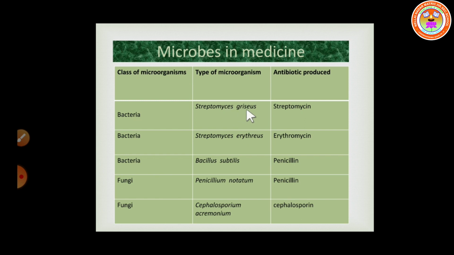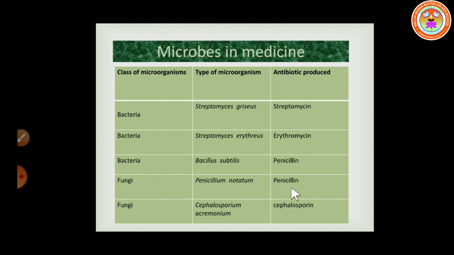From Streptomyces griseus, what type of antibiotic is produced? Streptomycin. From the bacteria Streptomyces erythraeus, the antibiotic produced is erythromycin.